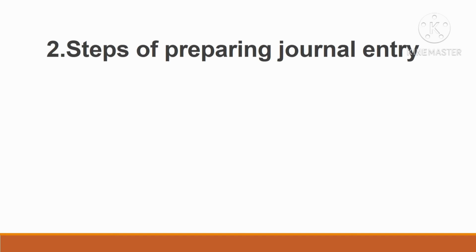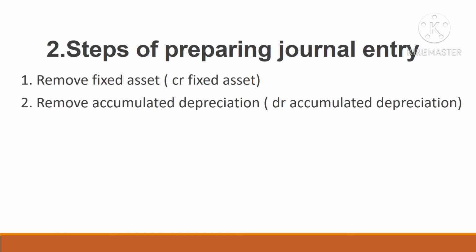And the second one, when we want to prepare the journal entry, the first one, we have to remove the fixed asset, credit fixed asset. Number 2, we remove the accumulated depreciation. So we have to debit accumulated depreciation. Number 3, receive cash. So we have to debit cash because cash increases.